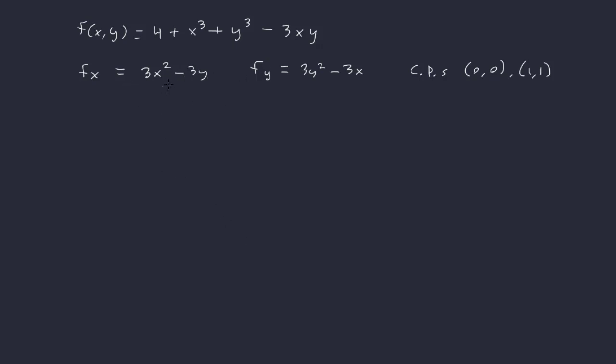We already found the partial derivatives, f sub x equal to 3x squared minus 3y, and f sub y equal to 3y squared minus 3x. The critical points we found were (0, 0) and (1, 1). To find whether these are maxes or mins using the second derivative test, we need all of the second derivatives.